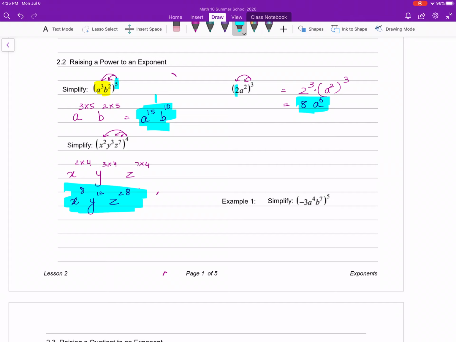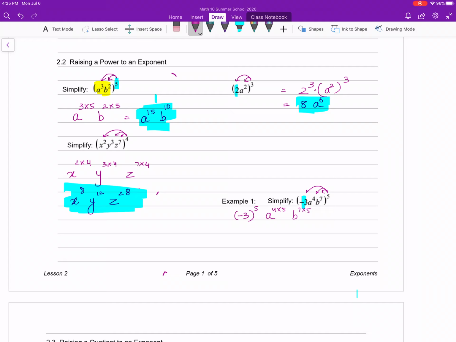Now let's see if we have a negative sign in the picture. So I have a negative 3 here. The basic concept is that this 5 will apply to everything inside the bracket. So negative 3 to the power 5, a to the 4 times 5, and b to the 7 times 5.